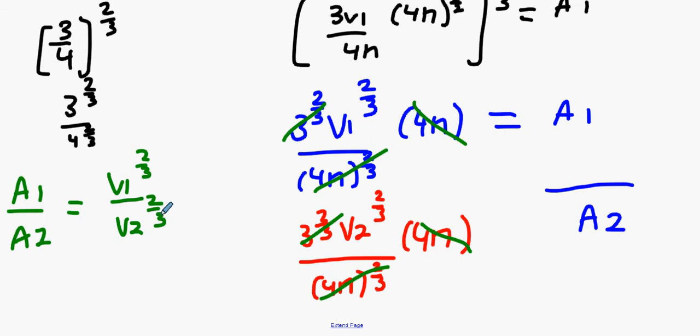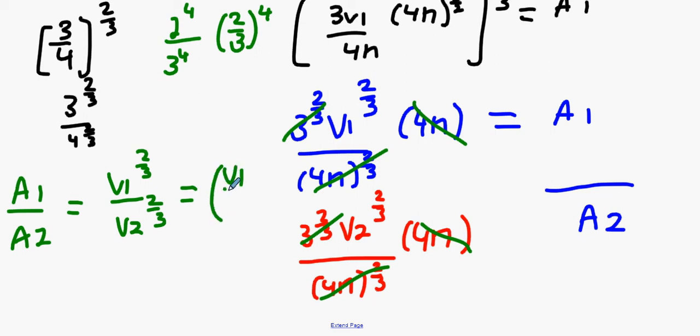In the same way, if I have 2 to the power 4 divided by 3 to the power 4, I can present that as 2/3 to the power of 4. Using that example, how would you finish it off? So phi1 over phi2 to the power of 2/3.